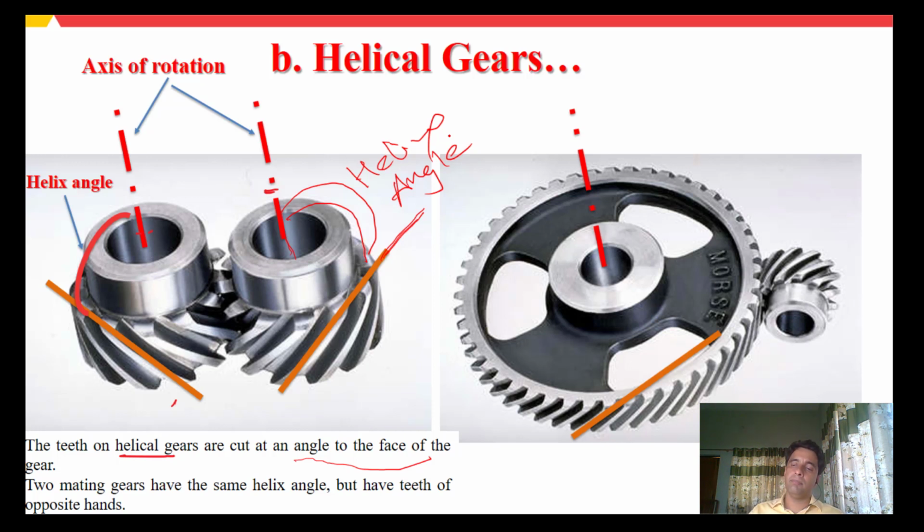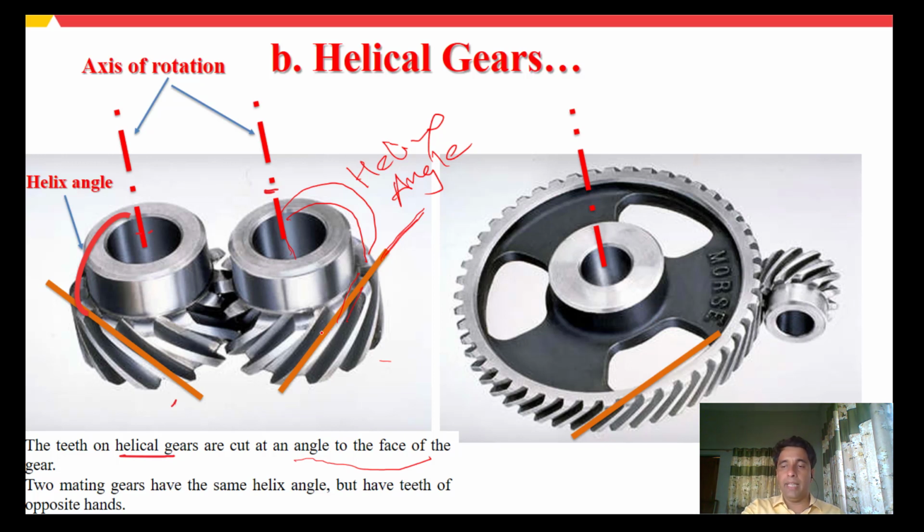So how can we understand that point? Just look at this photograph in which you can find this gear has helix of this direction. If I put my thumb along the gear teeth, then this thumb will be along the gear teeth. But in this case, this hand has to be used over here.